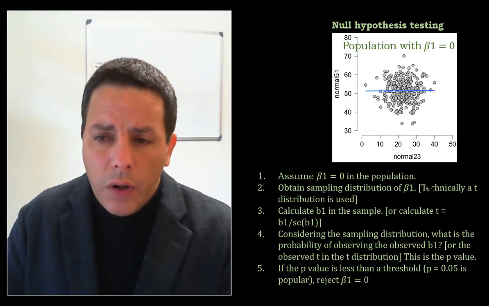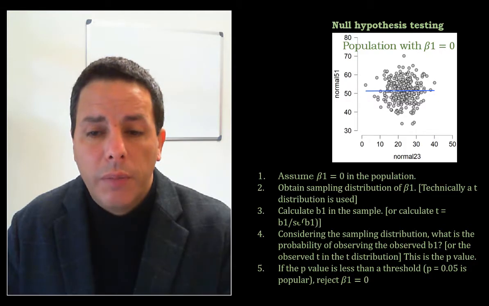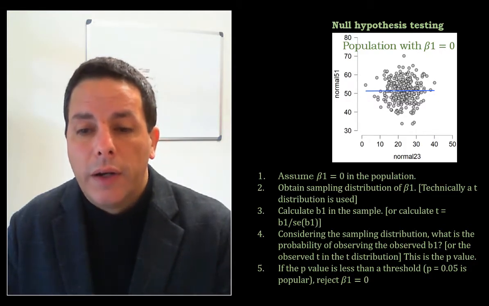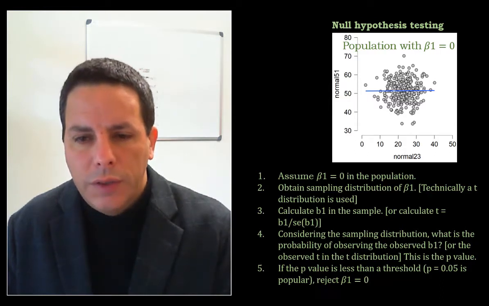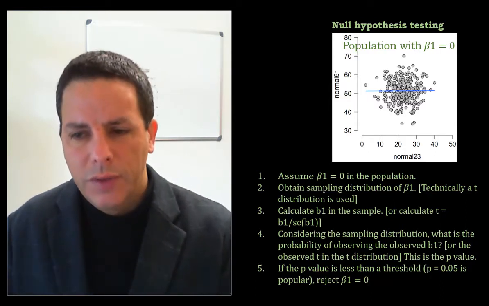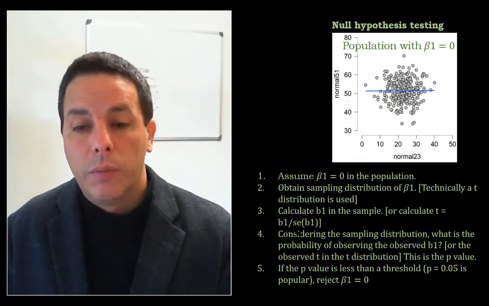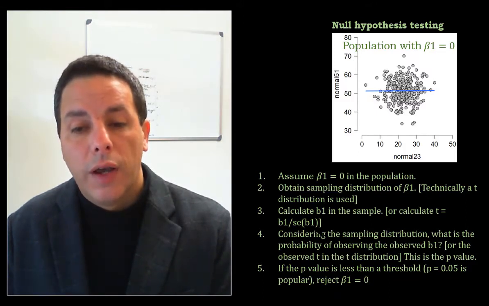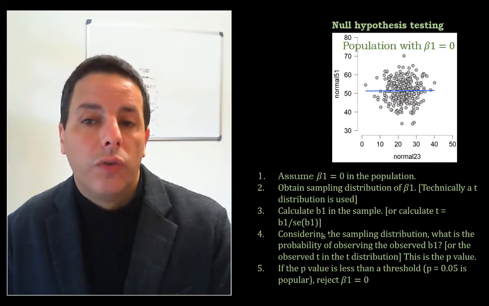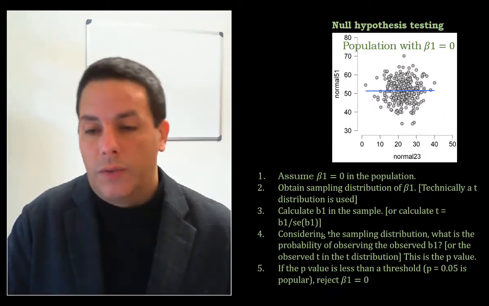Okay, so then the third step is to calculate the B1 in our sample, or if we are using the t-test, that's what the software does, we calculate the t-score. The t-score is calculated with the B1 we obtain in our sample divided by the standard error of B1. That's the standard deviation of the sampling distribution of B1s.